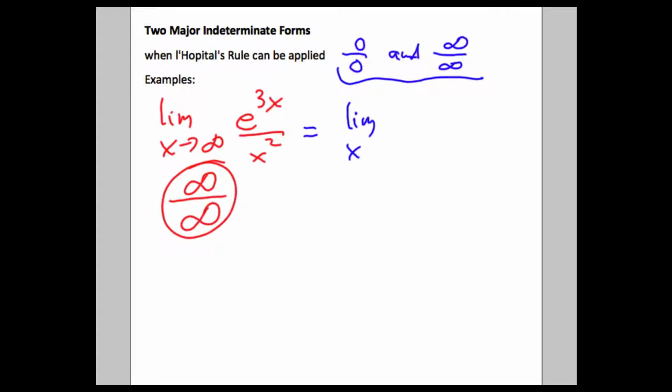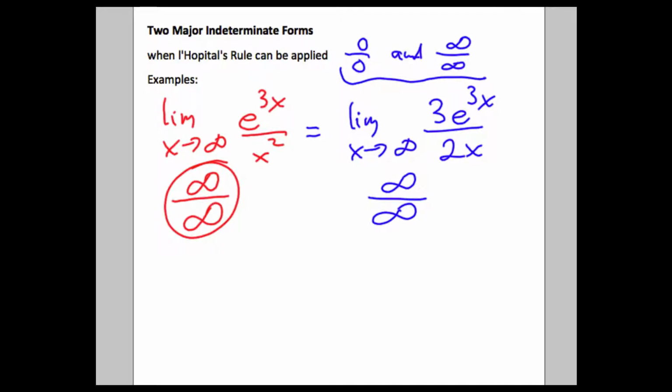So if I do the derivative of the top, 3e to the 3x over 2x, and then try to evaluate my limit, I have the numerator going to infinity, and I have the denominator still going to infinity. So guess what? Yes, I can do it again. It's the great part about L'Hopital's rule. As long as the indeterminate form stays, I can keep going.